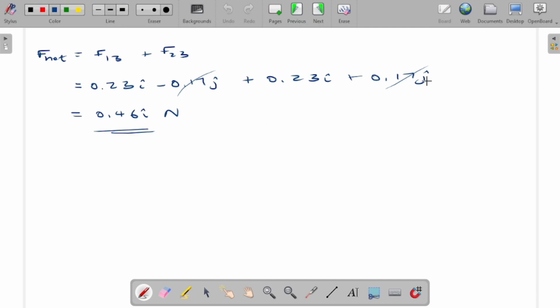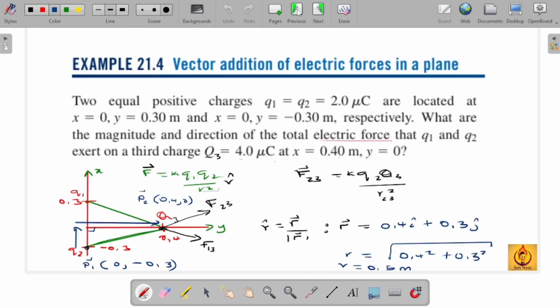Alright, then after that we added our components. We realized that the y components cancelled. You are going to have to sometimes be able to just see with your eyes that some components are going to cancel. For example, you see this vector F23. If you were to decompose it, this would be your x component, this would be your y component.